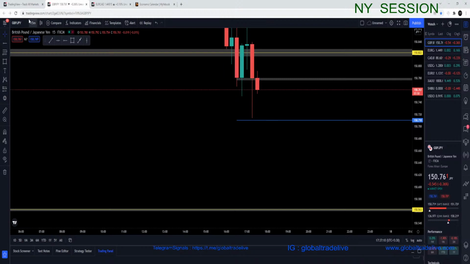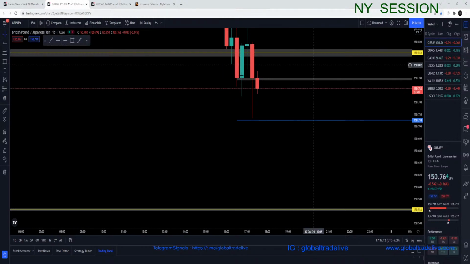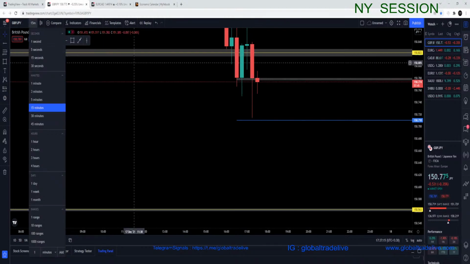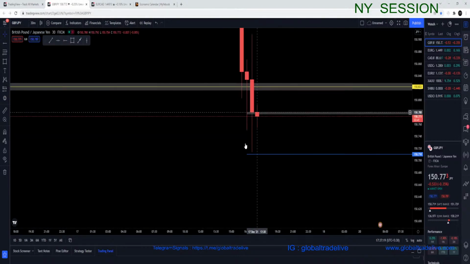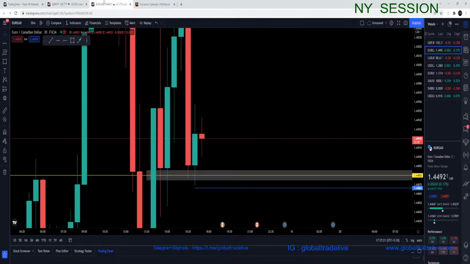GBP JPY, now again trying to push down. Previous candle closed with a huge rejection. Took 2 trades so far, and one closed at break even and the second one closed in negative 3.5 pips.